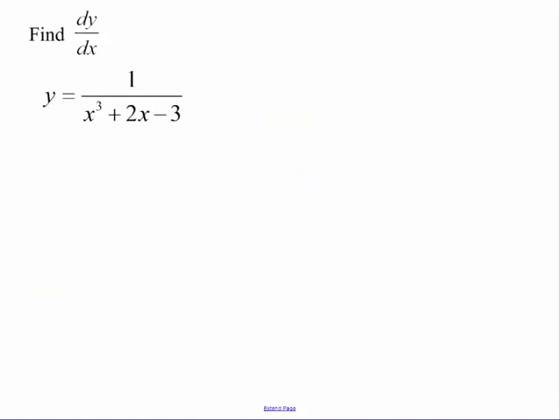Okay, this function. Make your life easy. I have a philosophy that I stole from a coworker of mine at a previous school where I always say work smarter, not harder. If you manipulate this equation into the polynomial on the bottom to the negative 1 power, we don't have to worry about our quotient rule.